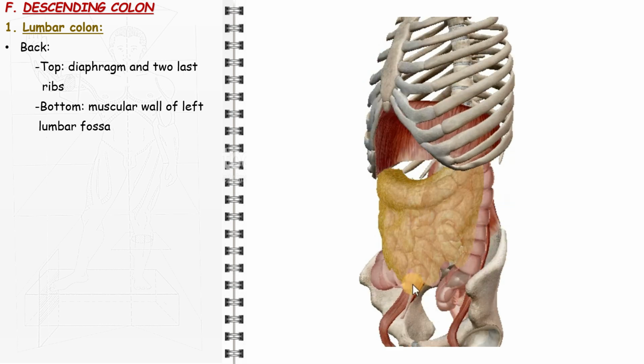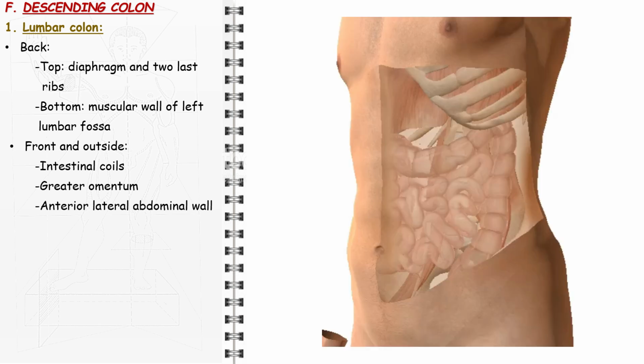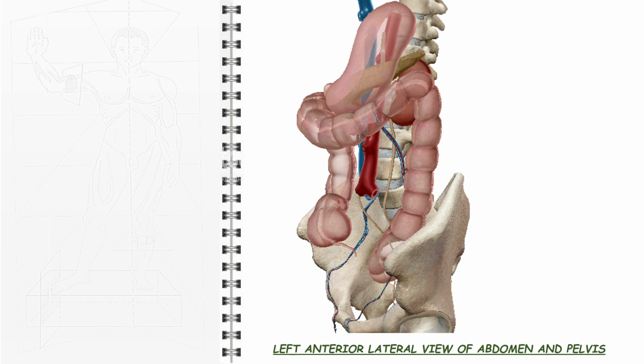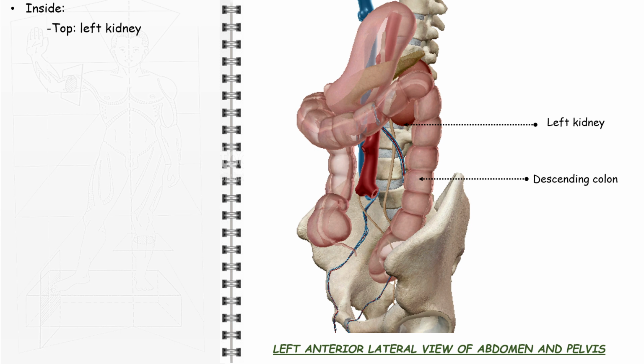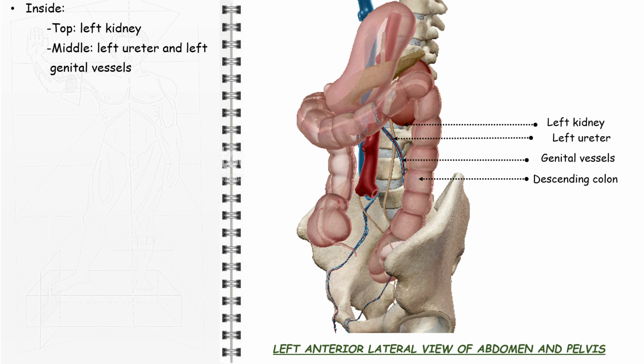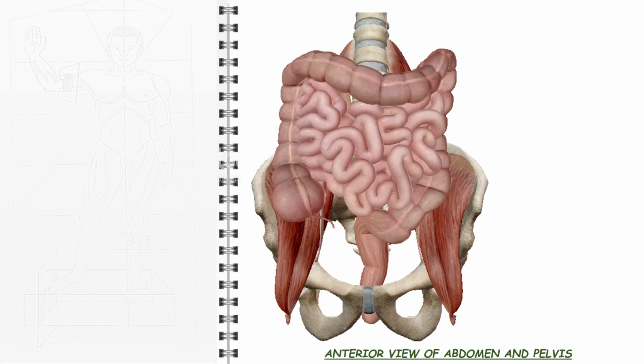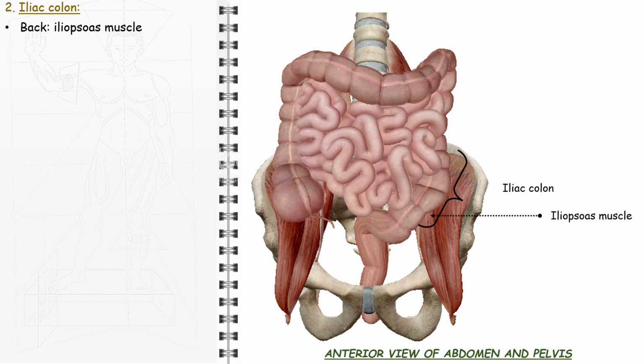Below, it is covered by intestinal coils, the greater omentum, the anterior lateral abdominal wall and the left paracolic gutter, forwards and outside. Inside, it stands next to the left kidney, at the top, and the left ureter and genital vessels, below. The iliac colon is limited, backwards, by the iliopsoas muscle and, forwards and outside, by intestinal coils.